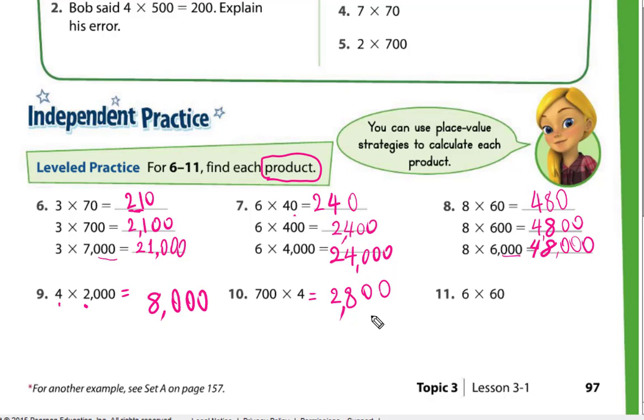It's 2 zeros. Thank you. Okay, Karar. 6 times 60? 36. 360. Thank you. Great work, my hero.